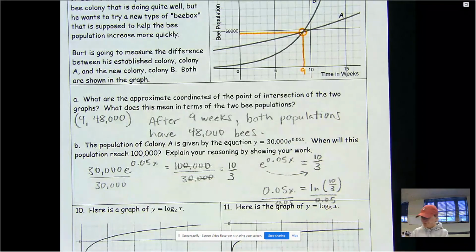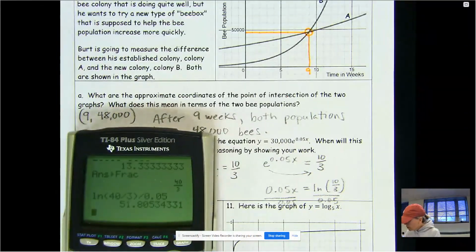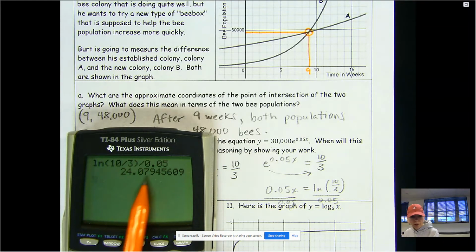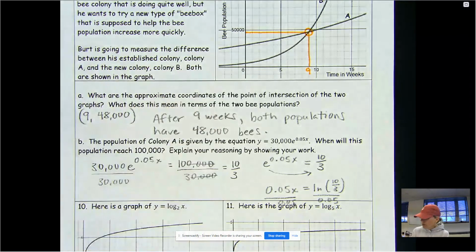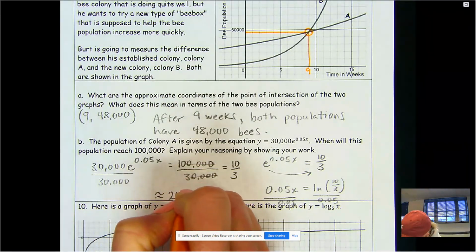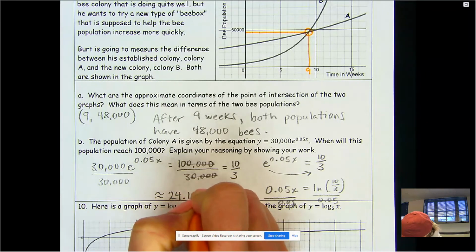And so I'll use the calculator. The natural log of 10/3 divided by 0.05 is 24.079, 24.1. So I'm going to say about 24.1, and these are weeks.